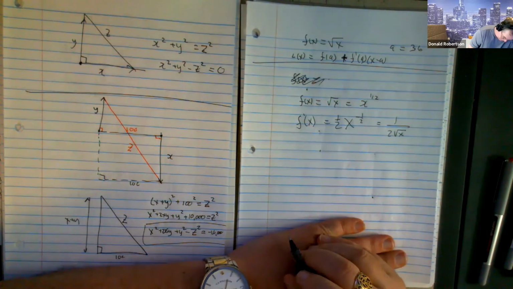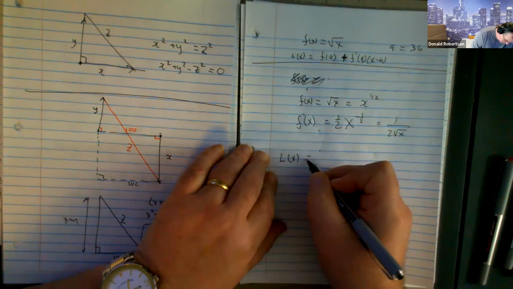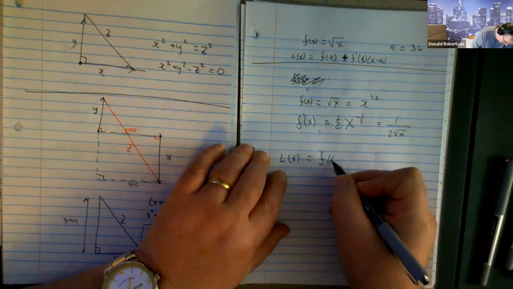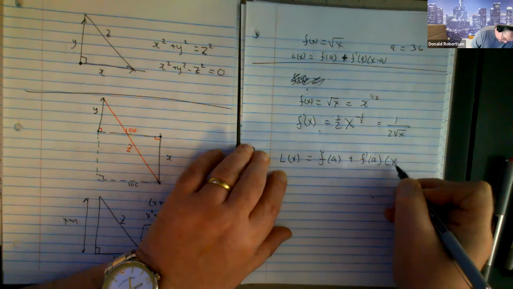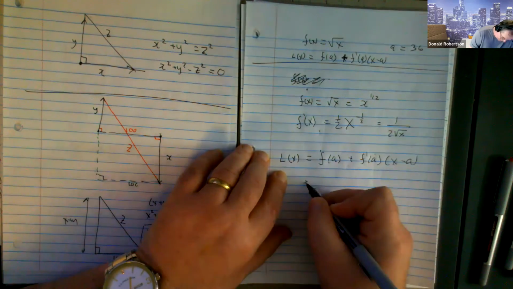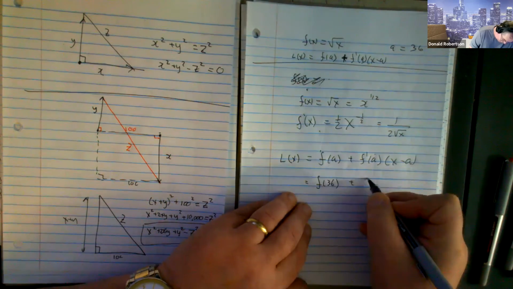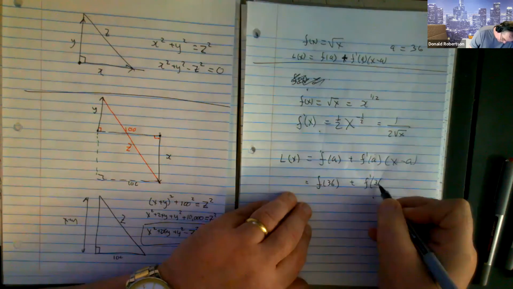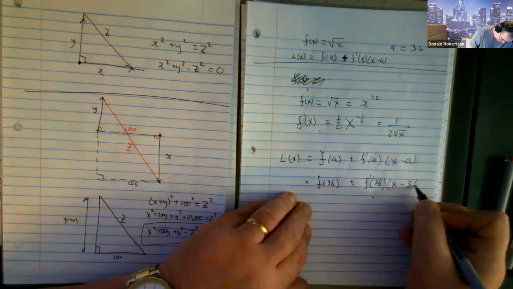The linear approximation function is f of a plus f dashed of a times x take away a. So it's going to be the value of the function at 36 plus the value of the derivative at 36 times x minus a, which is 36.